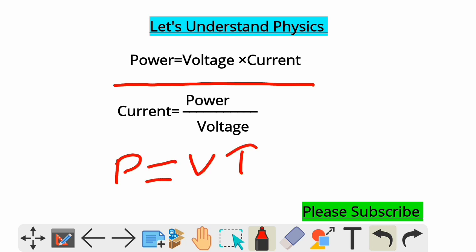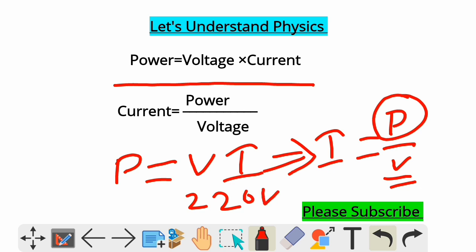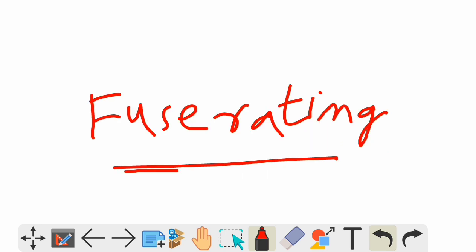You know this formula. If you transpose, current is equal to power by voltage, I is equal to P by V. The power of the appliance will be given. Voltage, you know, is 220 volts from the supply mains. Otherwise, if they give whatever voltage they are using, you have to use that here. Then you will get a current value. That current value is your fuse rating.